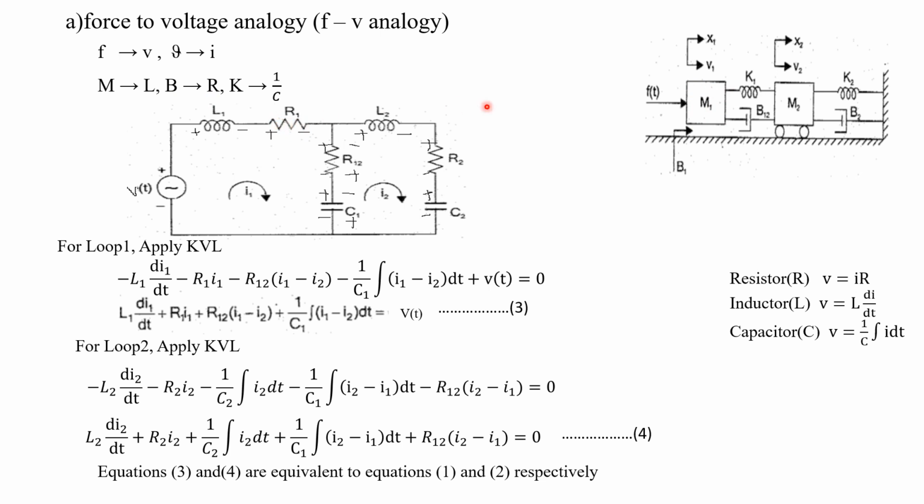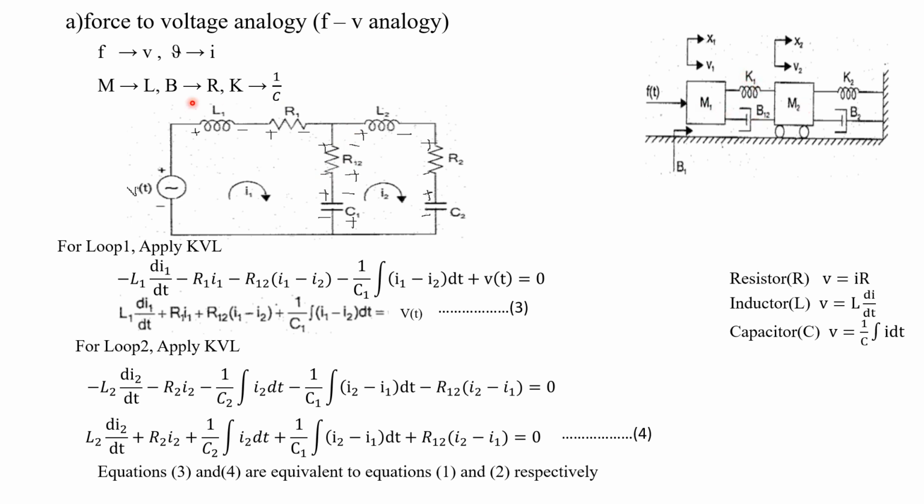Now K1 as well as B12 are the elements connected between M1 as well as M2. So this B12 is nothing but B transformed into R, isn't it? R12 should be connected in between loop 1 and loop 2, because B12 here is connected between M1 and M2.